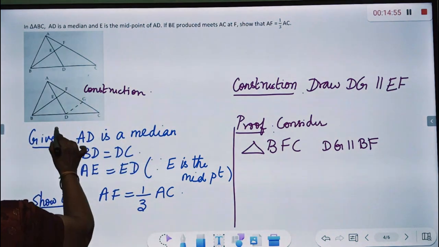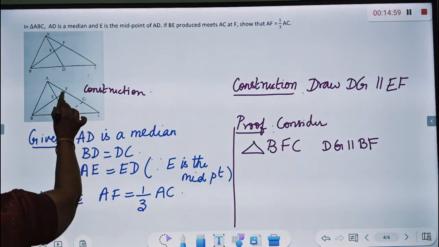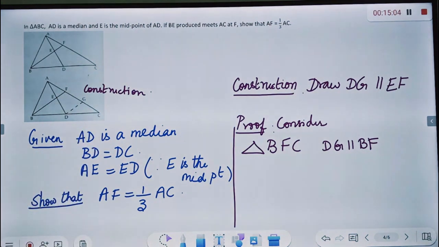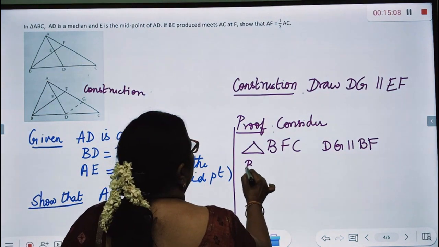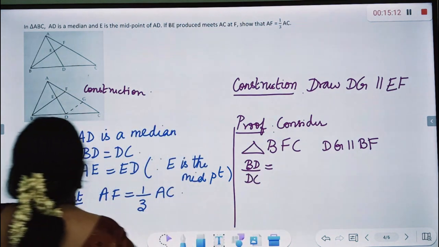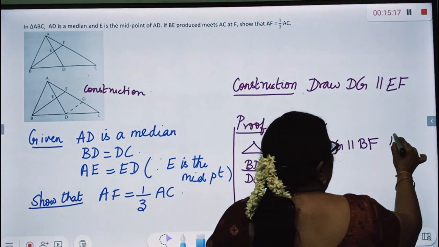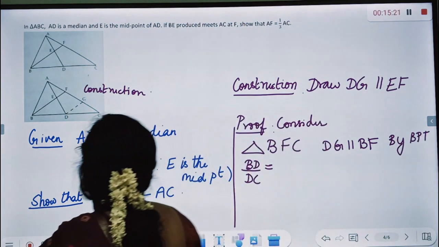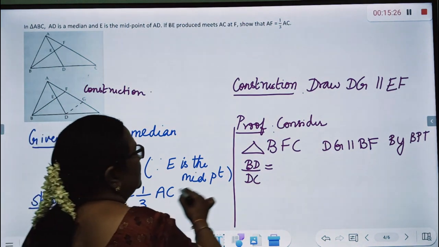And we also know D is a midpoint. If this is parallel, these two sides, that is BC and FC, must be divided in the same ratio. Now what is BD by DC? By BPT, BD by DC should be equal to FG by GC.